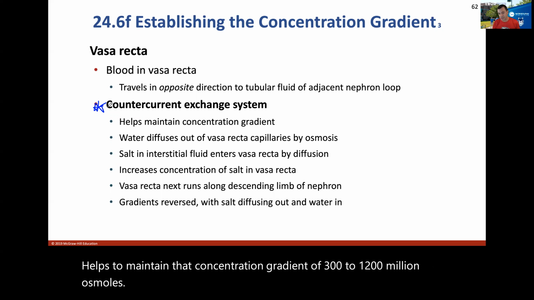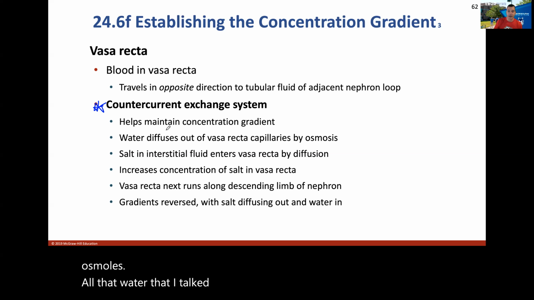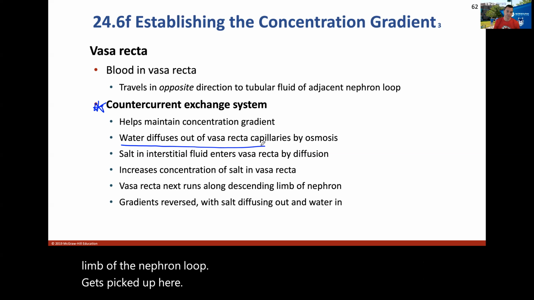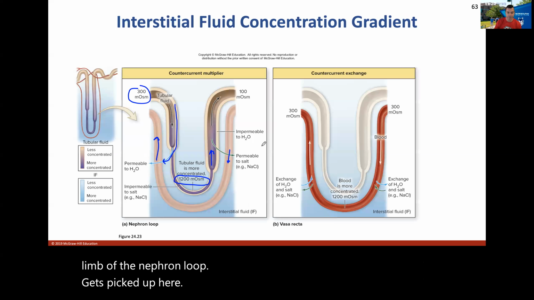All that water that I talked about that got pumped out of the descending limb of the nephron loop gets picked up here. Okay.